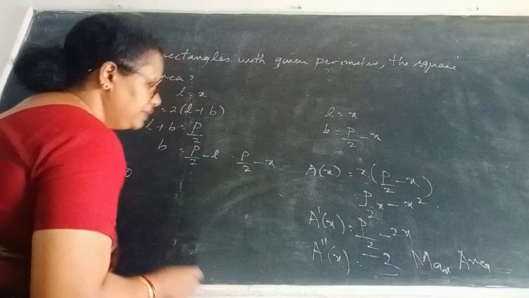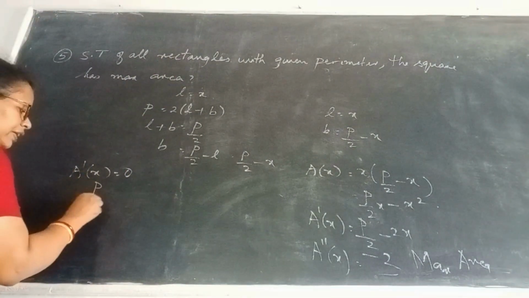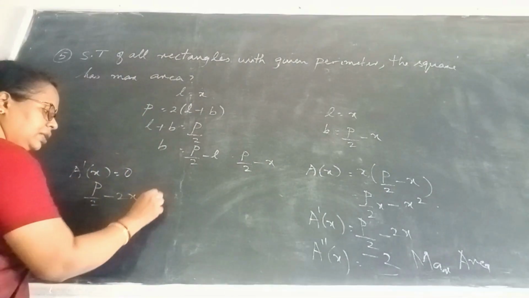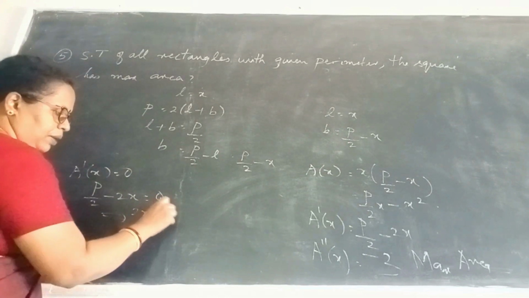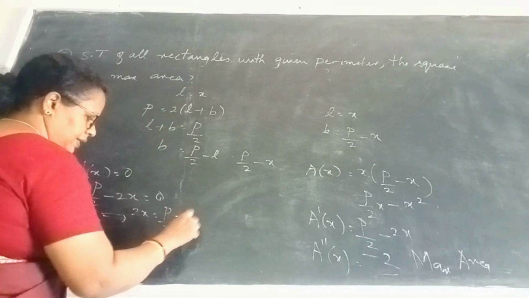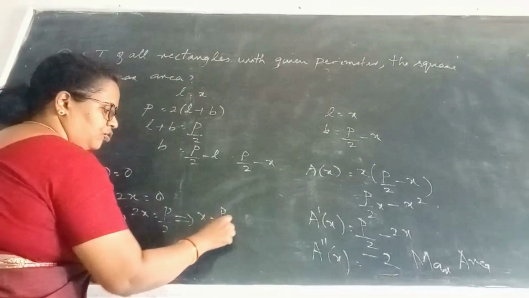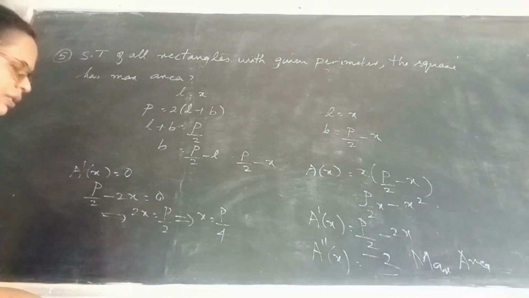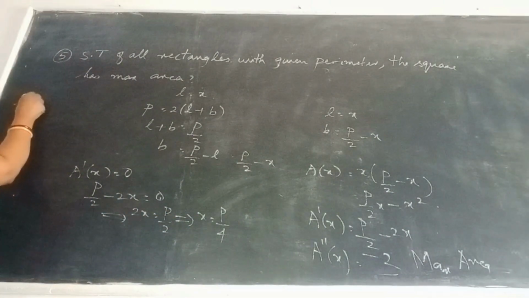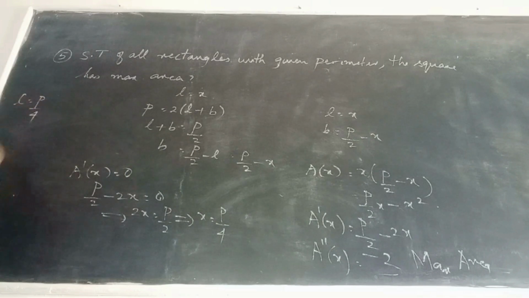What is A dash X? P by 2 minus 2X is 0. It implies 2X equal to P by 2, or X equal to P by 4. X is what? Length. So we got length equal to P by 4.